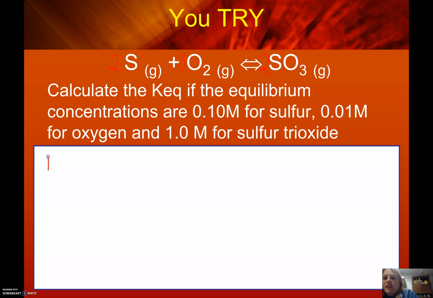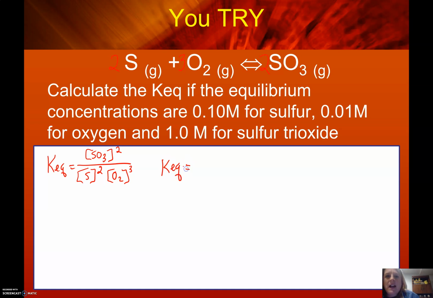Now write your KEQ expression. So your KEQ expression is the concentration of SO3 squared over the concentration of sulfur squared times the concentration of oxygen cubed. And then match numbers. So we're solving for KEQ again.